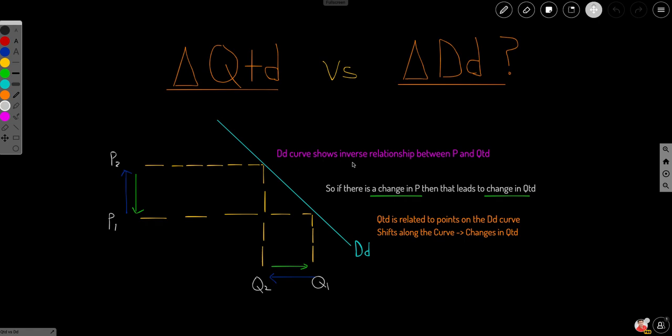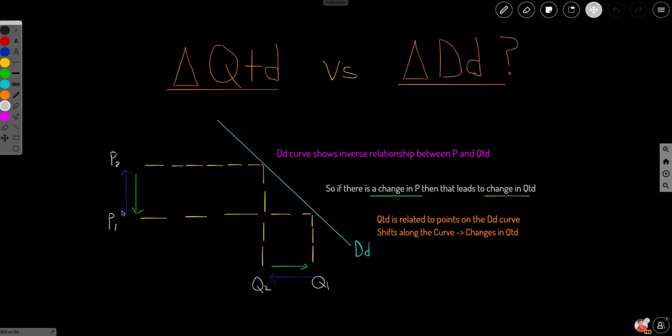It shows the inverse relationship between price and quantity demanded. So you see price and quantity demanded here, so that if there is a change in price, it will lead to a change in the quantity demanded.